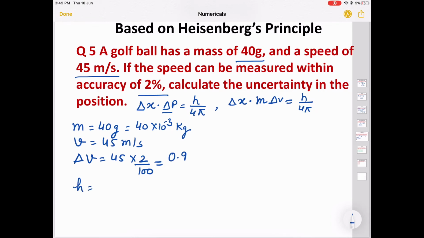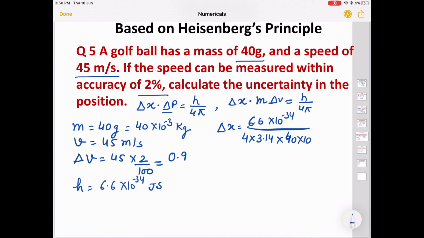value of h is 6.6 into 10 raised to power minus 34 joule second. Putting all these values in this formula, value of pi is 3.14, mass given is 40 into 10 raised to power minus 3, and delta V is 0.9.